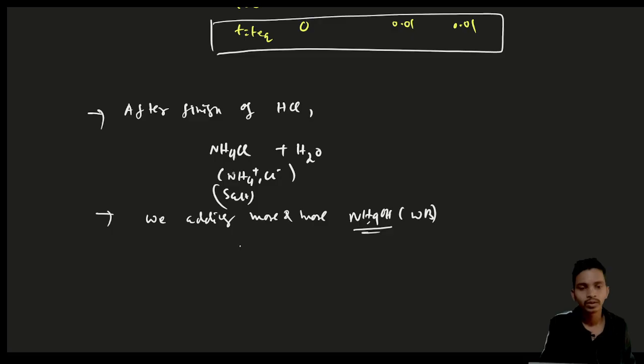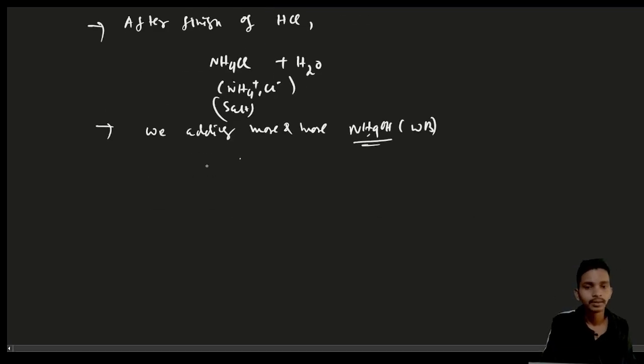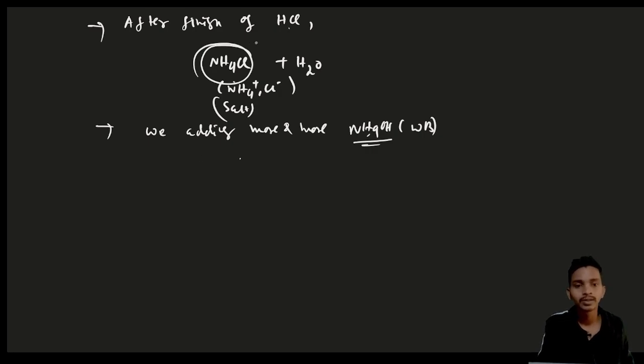So if we add this, this is base and this is salt, so this base and salt do not react, but OH- concentration is coming into the solution. But this is a very small amount due to the common ion effect. This NH4Cl increases more and more, so this value will decrease more and more, right? Since this increases in a huge amount, it is completely dissociated, meaning a large number of NH4Cl is there.